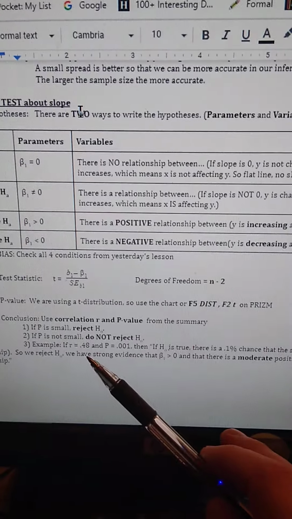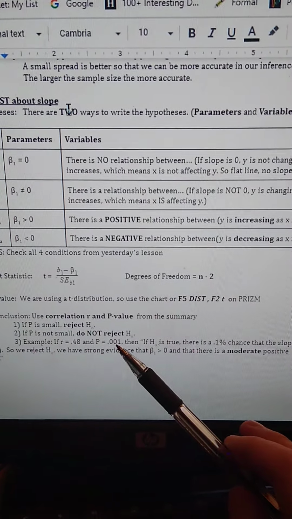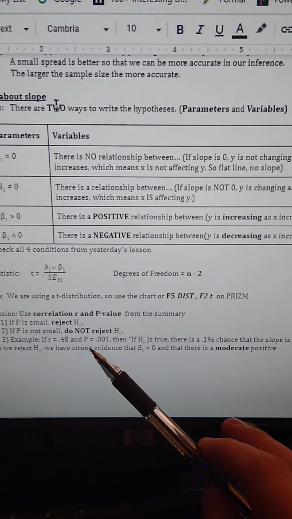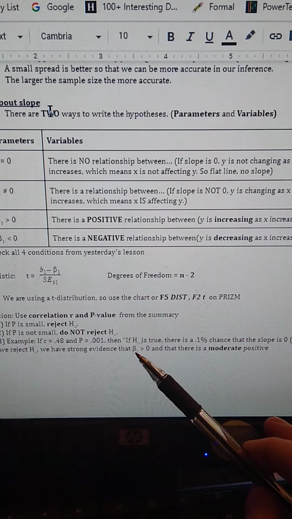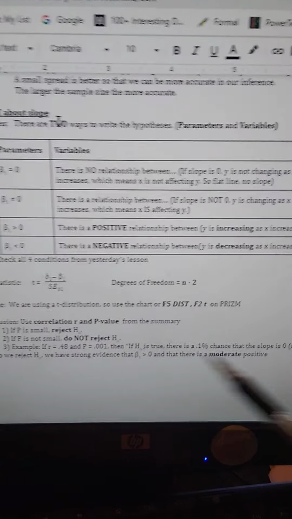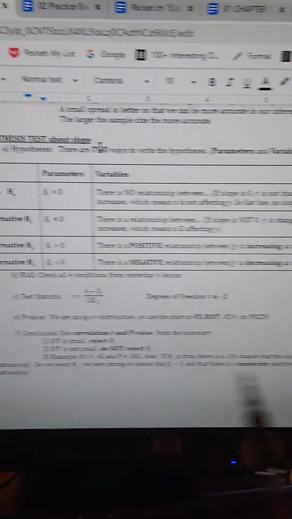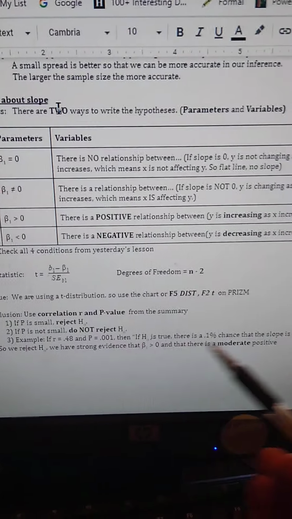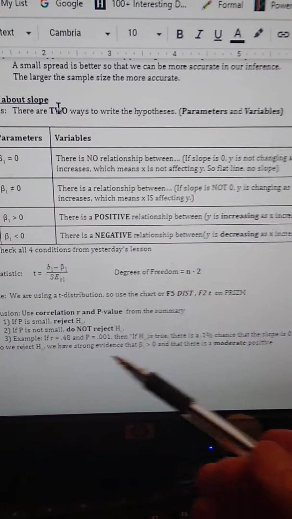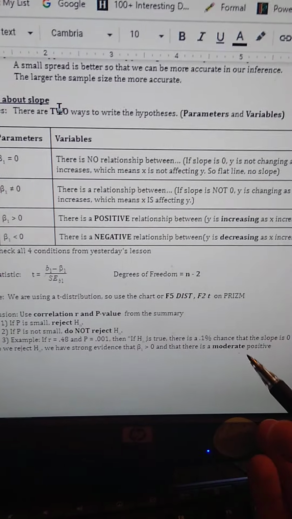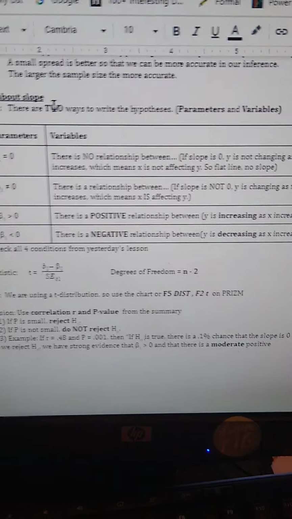But specifically, I have strong evidence because this p-value is a strong p-value. I have strong evidence that the slope is greater than 0 and that there is a moderate positive relationship. Adjectives are very important here. Strong evidence because p is 0.01. Moderate because r is 0.48. It's a moderate relationship, specifically a moderate positive relationship.